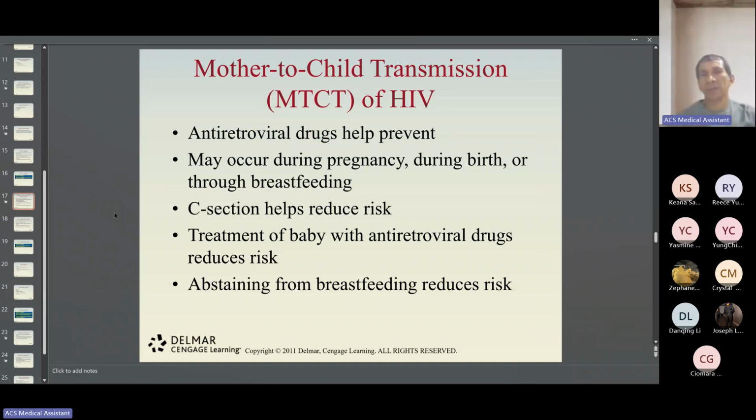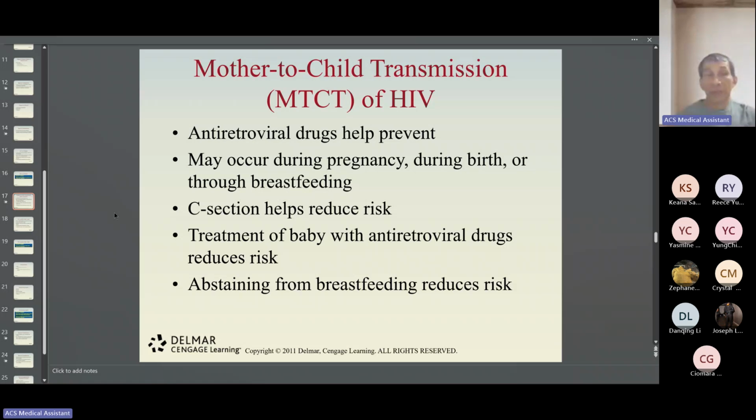Mother to child transmission, once again, of HIV. So antiretroviral drugs help prevent HIV transmission. Remember, these are the medications that are used to inhibit the multiplication of the HIV virus.